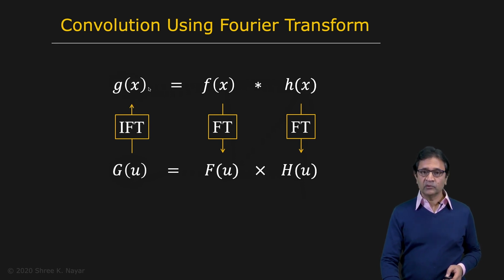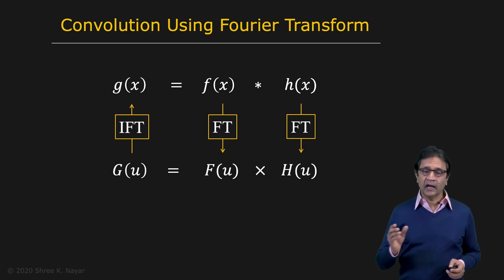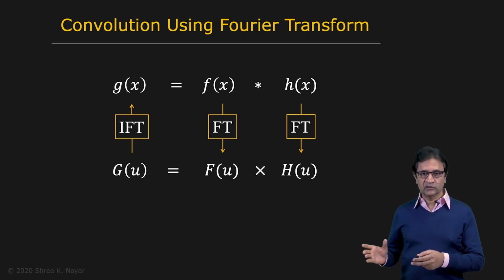Now, why would you do this? Because it turns out that there are very fast algorithms for finding the Fourier transform and the inverse Fourier transform. And so when you're looking at very large kernels or masks for convolution, often it is much cheaper, much more efficient to do it in frequency domain.